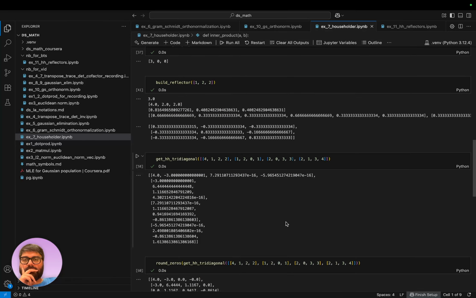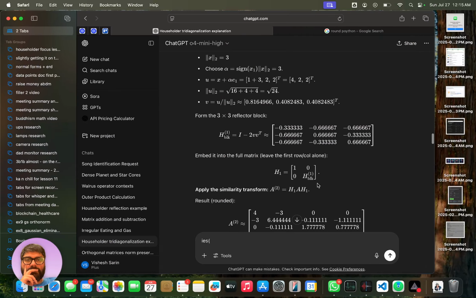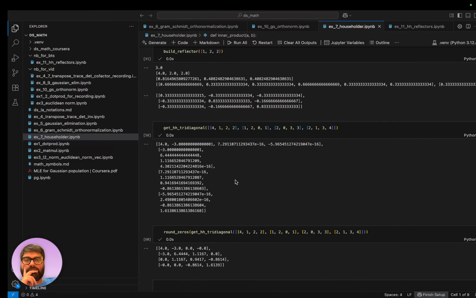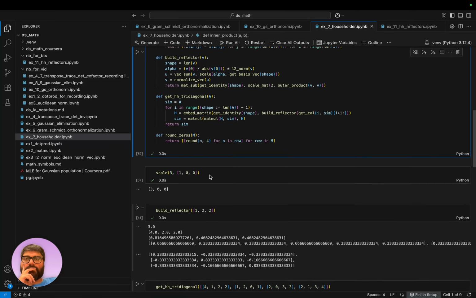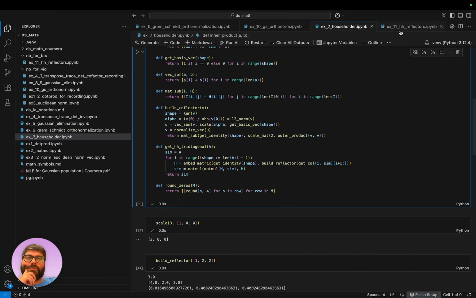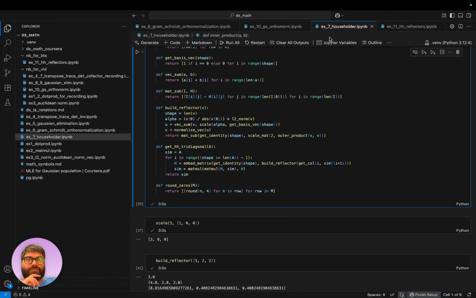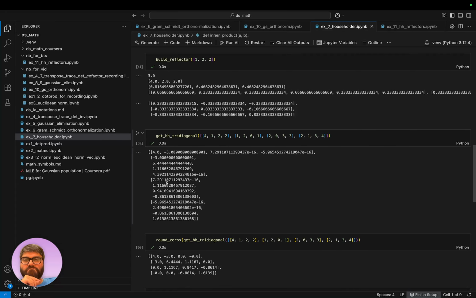Oh wait, sorry, I just realized something. Is that supposed to be negative 0.866? No, it's supposed to be positive. Okay. All right, I am going to call it now on the video, because while we're doing the reflector fine, I just realized there's a bug in my tridiagonal script. I got it mostly right, but the sign isn't quite right.